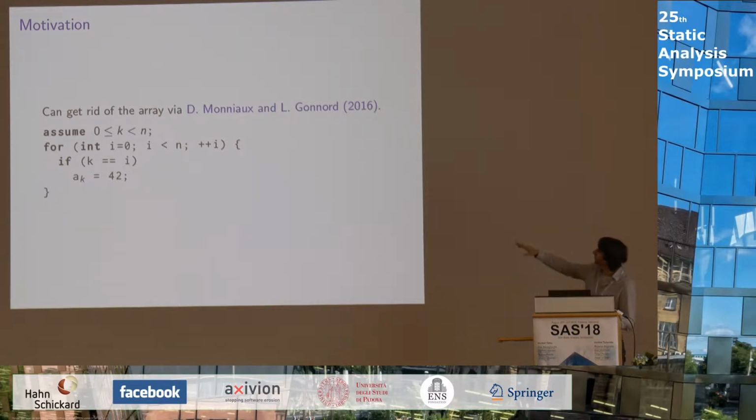In this example, there is an auxiliary variable k, which denotes some index into the array, and a variable ak, which denotes the value at index k. The transformed program would say that there is this index k that goes into the array, and then in the loop, if our index I is equal to this k that we're tracking, then array of k equals 42.